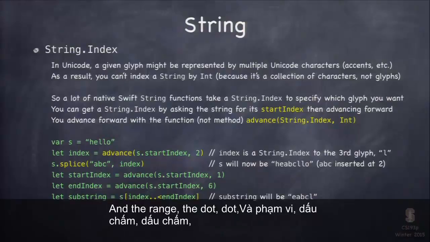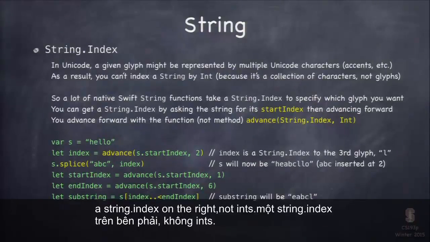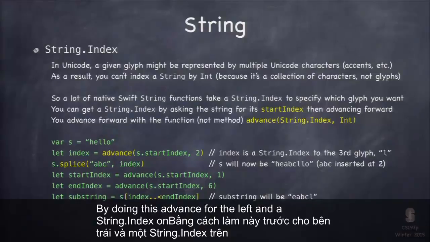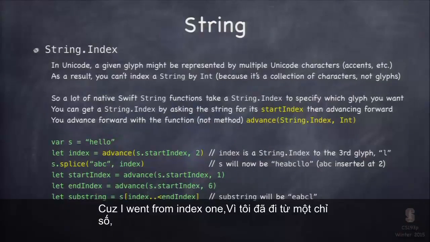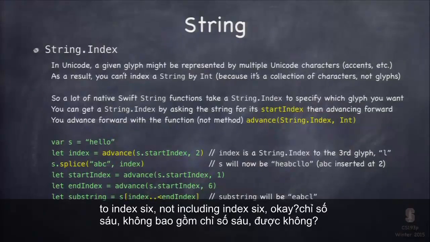And the range, the dot, dot, dot thing, has to have a string.index on the left and a string.index on the right, not ints. So here I got a string.index by doing this advance for the left and a string.index on the right. And so the substring will be EABCL because I went from index 1, which is the second character, index 0 is the first, to index 6, not including index 6.